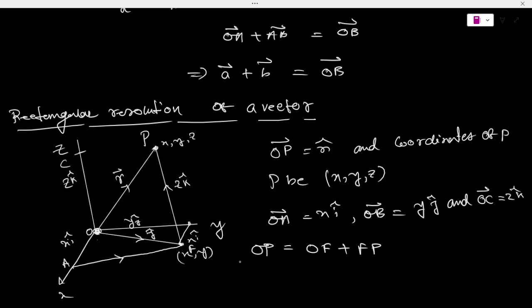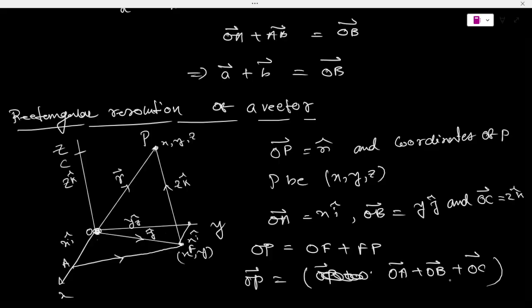Clear, it is. After that, OP becomes OA vector plus OB vector plus OC vector. Okay, it's clear.